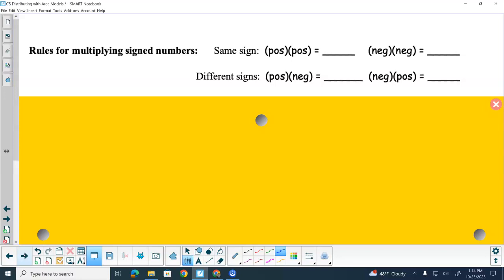Positive times positive, negative times a negative. Yep. So when they're the same sign, they're both going to be positive. No matter what, when we're multiplying, same sign, both positive. If they're different signs, so positive times a negative or a negative times a positive, both of them are going to be negative.